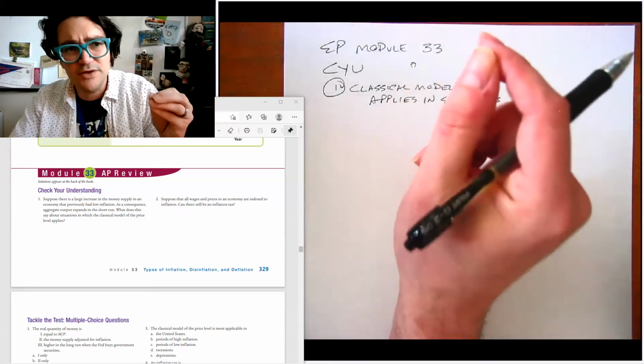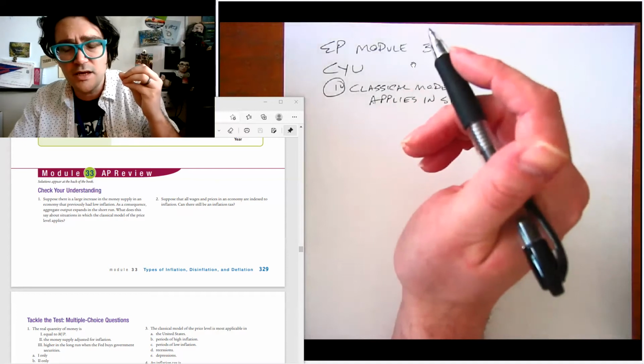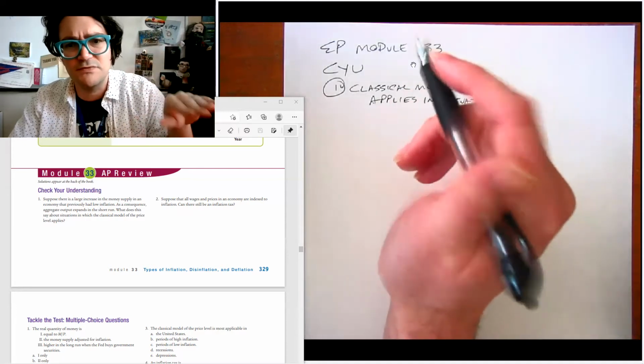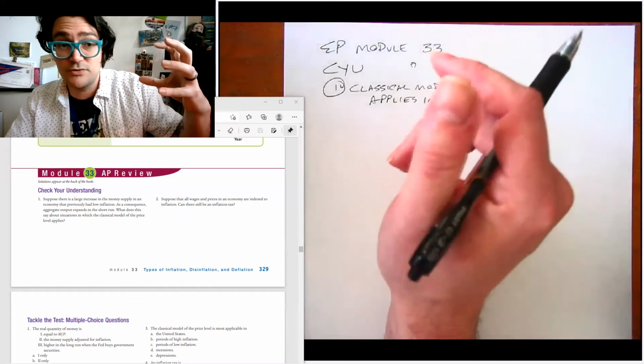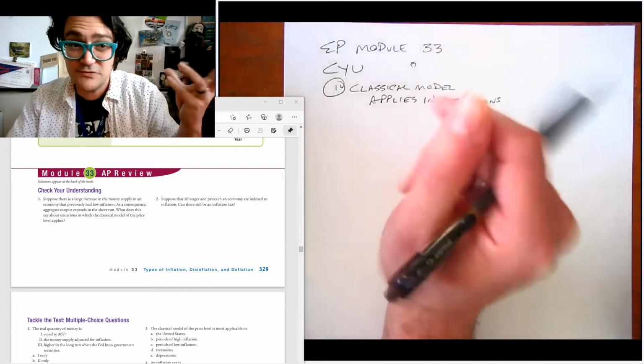But it doesn't describe a country like this one where they're used to lower levels of inflation, because in those circumstances, if you increase the money supply, people will respond differently.